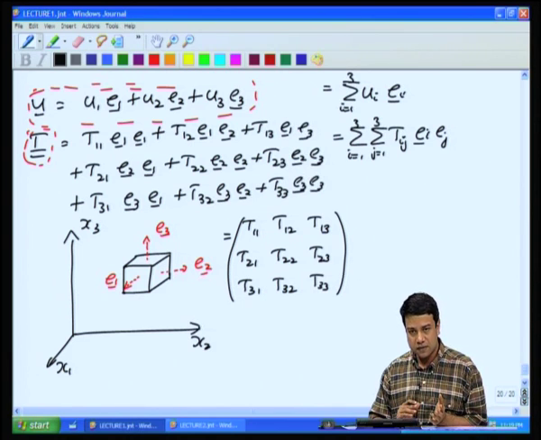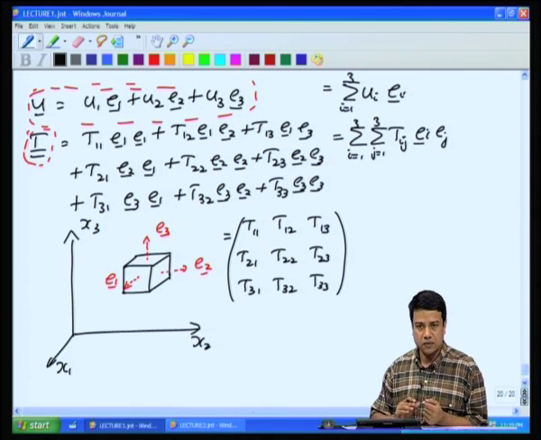The first order tensor, which is a vector, has 3 components, 3 power 1. The second order tensor has 2 fundamental directions. Each of those directions has 3 components. So, you get a total of 9, 3 power 2. The third order will have 3 power 3, fourth order will have 3 power 4, and so on.